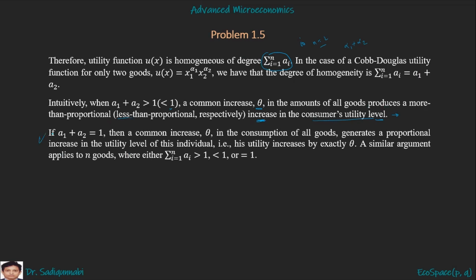If it is equal to 1, then it generates a proportional increase in the utility level of the individual. That means his utility increased exactly by theta. More than 1 means more than proportional increment. Less than 1 means less than proportional increment.